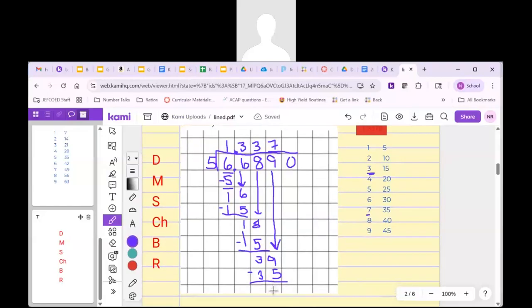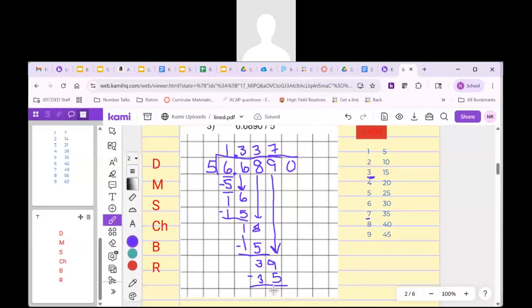I'm almost out of room here, right? Fortunately, it's going to be over in just a second. Okay, I check. Is 4 less than 5? Yes. So I do what? Bring down the 0. And I recognize that when I have a 0 on the end, I can definitely divide it by 5. So I'm looking for 40. There it is.